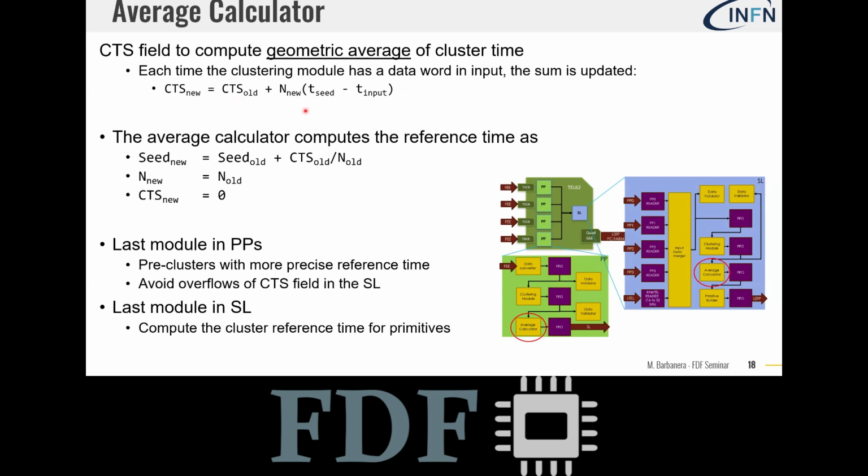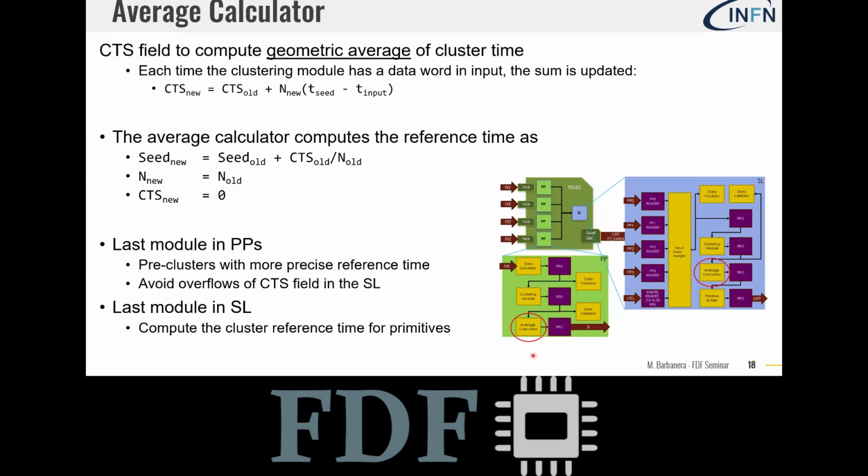The only thing that is left to do to have the actual geometric average is to divide the cluster time sum by the number of hits of each cluster. This is done by the average calculator, and that updates the cluster time by using its time and the division between the cluster time sum and the number of hits.